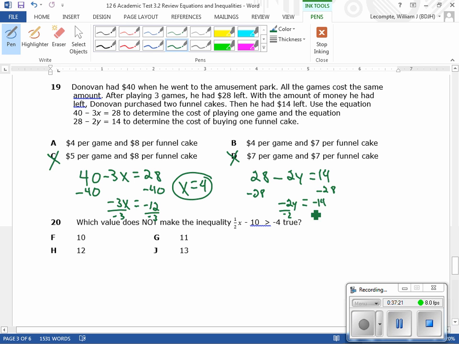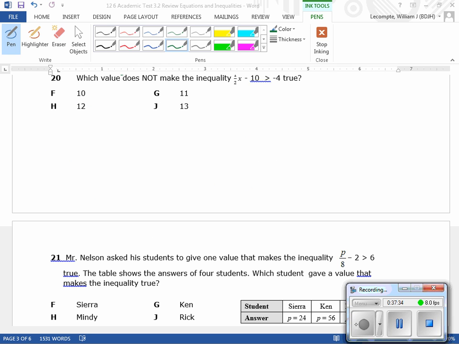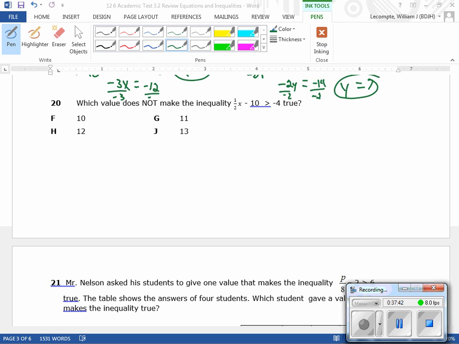Number 20. Which value does not make the inequality true? I had to move the screen down a little bit, so I'm just going to put this 3 back in here. And then I have to make the inequality 1/2 x minus 10 is greater than negative 4 true. So I put 10 in, so half of 10 is 5, minus 10 is negative 5.